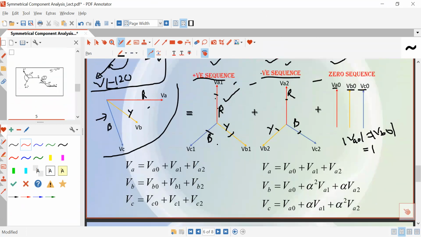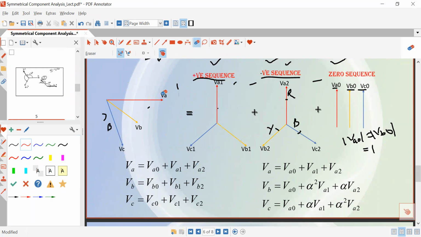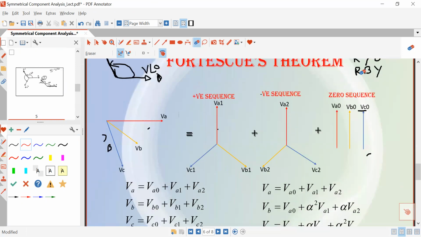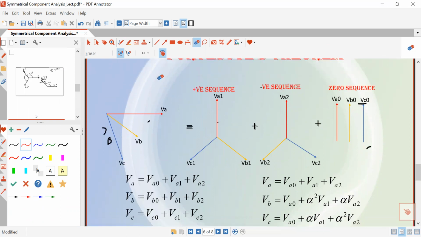Here this alpha operator is required. Suppose the task is to write all of the phasors VA, VB, VC in terms of phase A only.